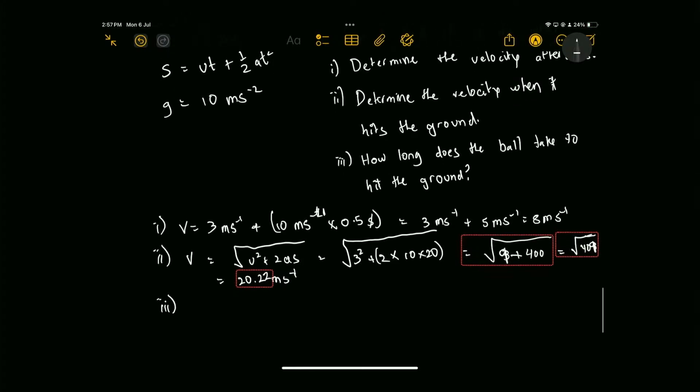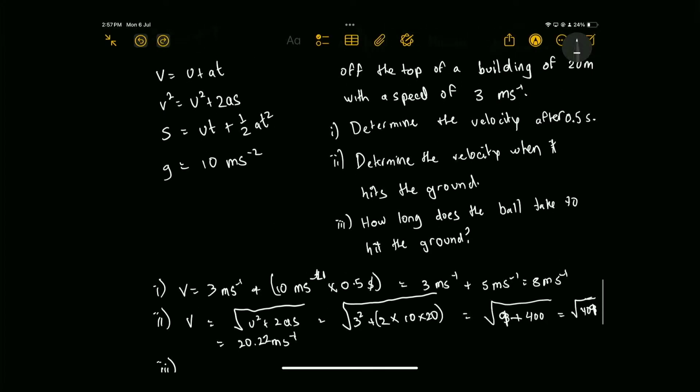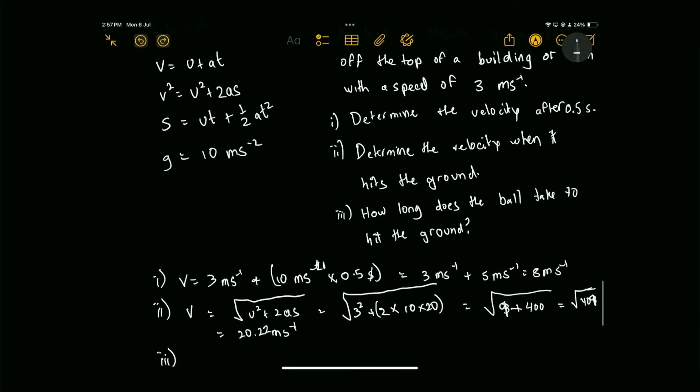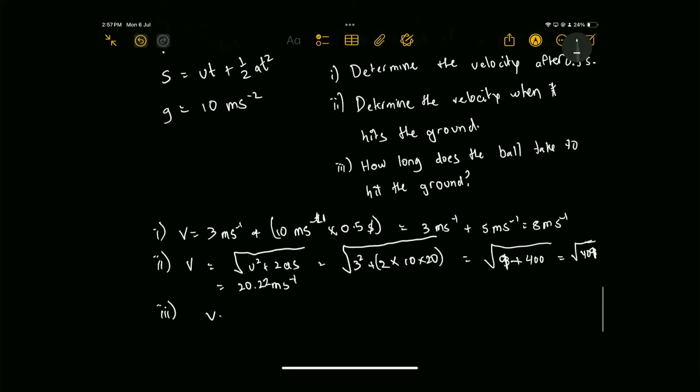So we can use back v is equal to u plus at, and we need to calculate t, right? So v minus u over a is equal to t. So this would be 20.2 minus 8 over 10.